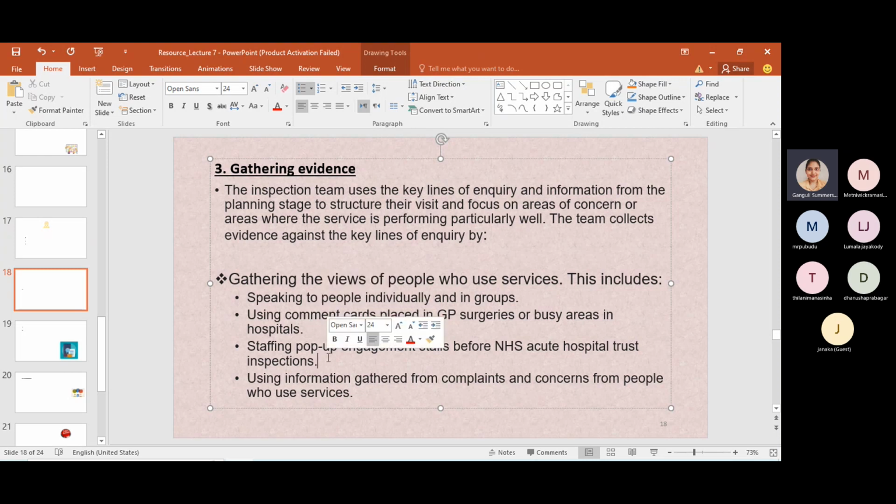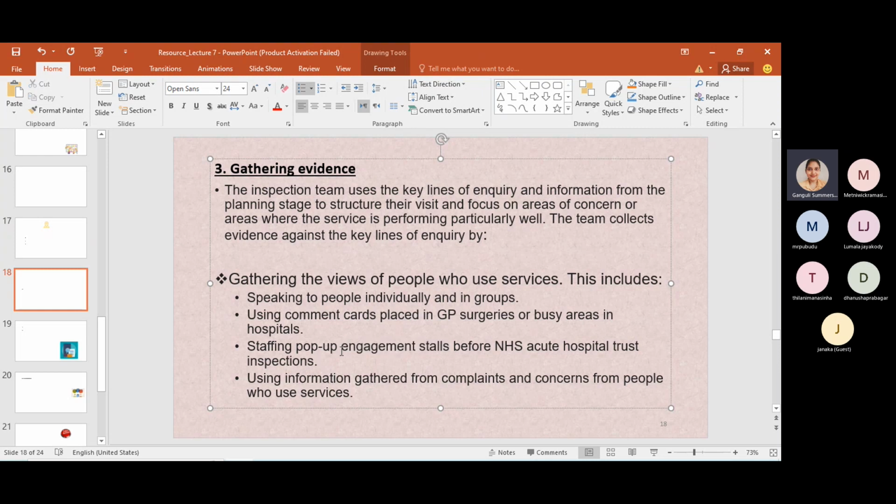The team will also gather some information from the engagement stalls as well. Engagement stalls are for the service users, right?